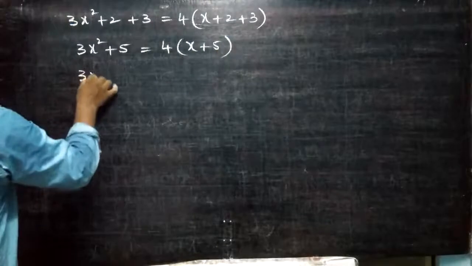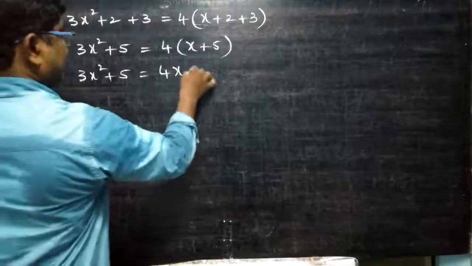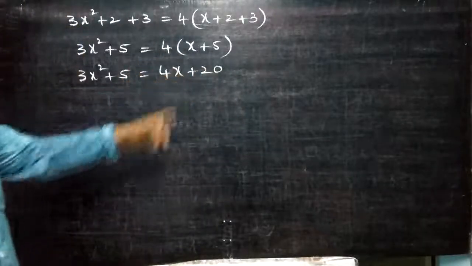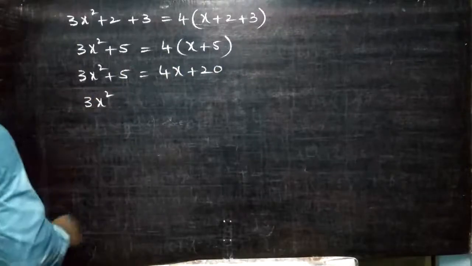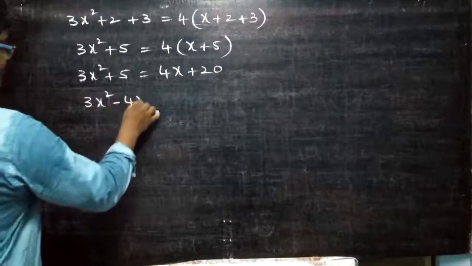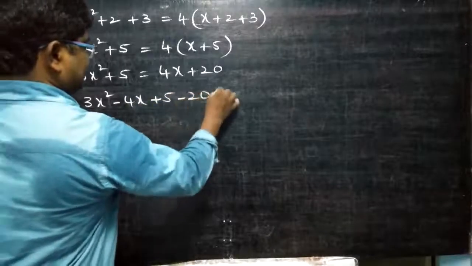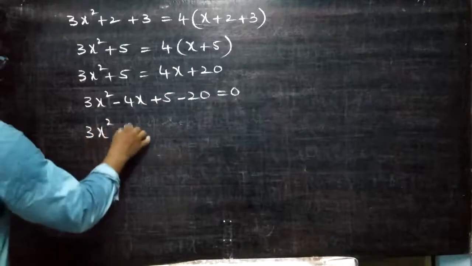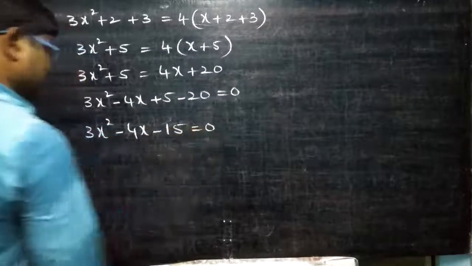Simplify: 3x square plus 5 is equal to 4x plus 20. You can multiply; I'm not explaining, you are in class 10th by this time. Now arrange in quadratic equation shape. 3x square minus 4x plus 5 minus 20 is equal to 0. 3x square minus 4x minus 15 is equal to 0.